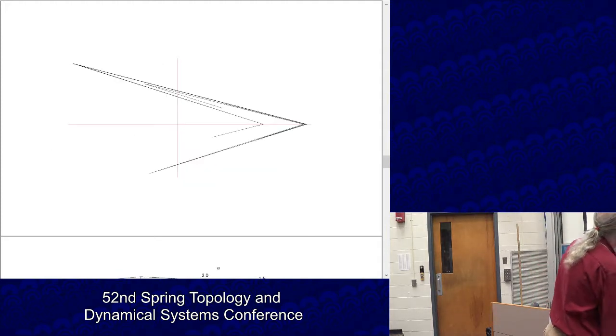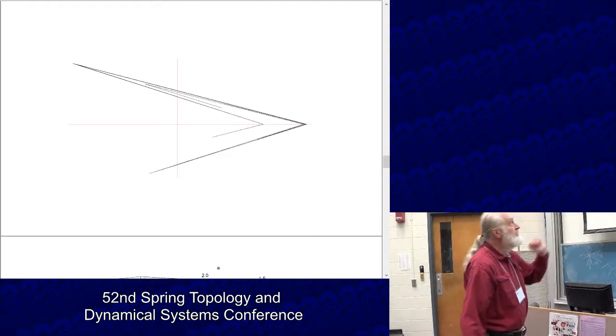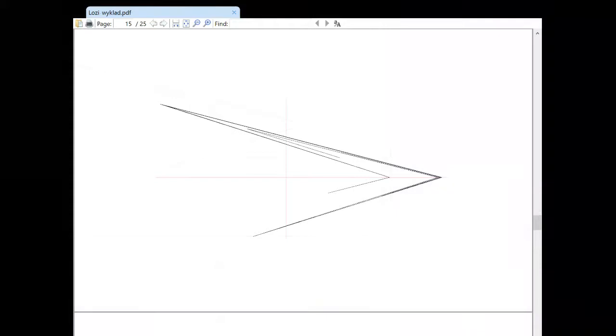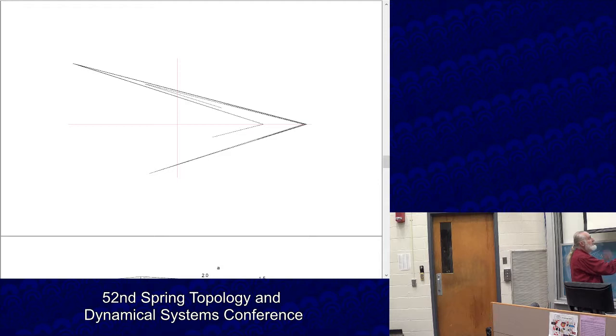And now this is the attractor for this map, and you may see that the place where this line ends, this is two lines really, they are kind of lined up.